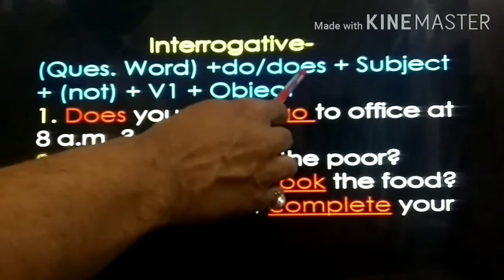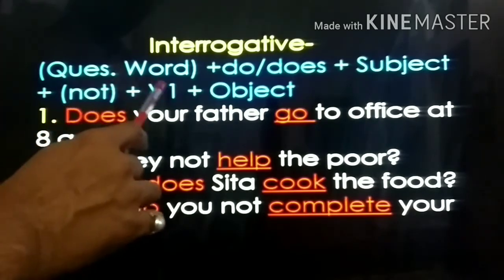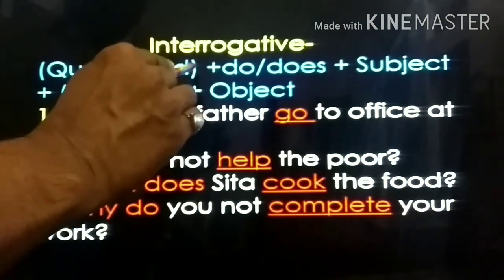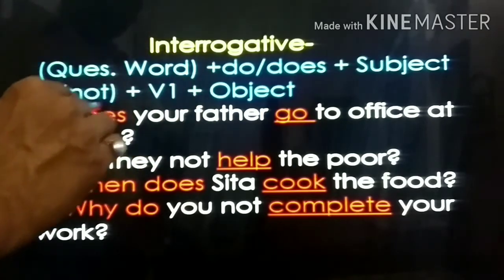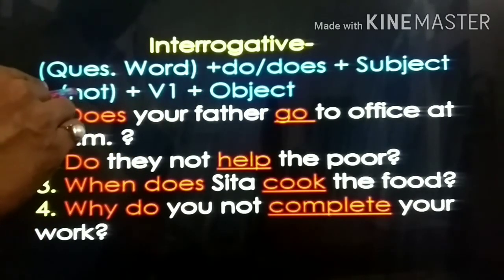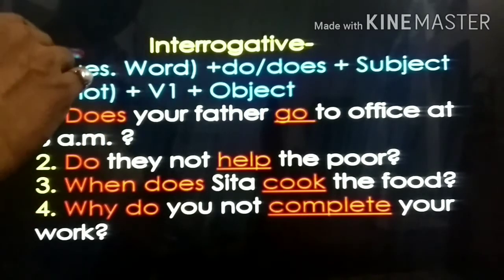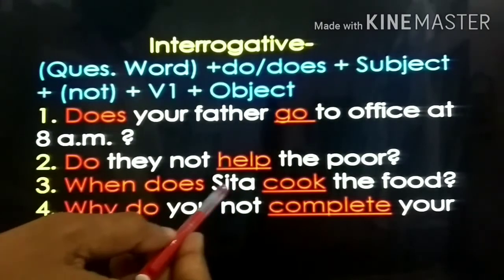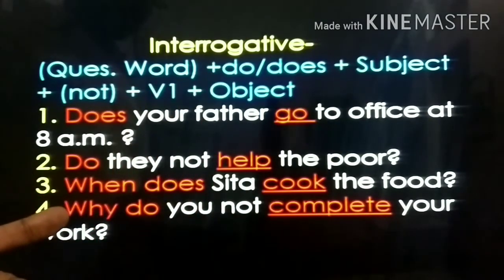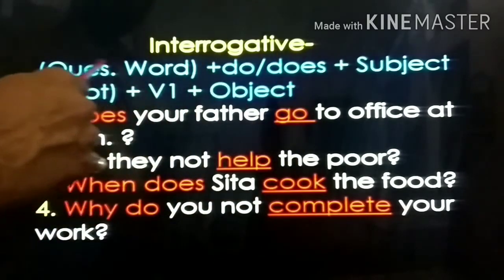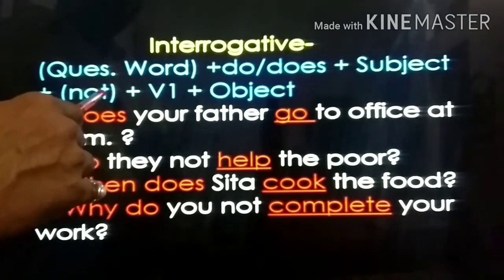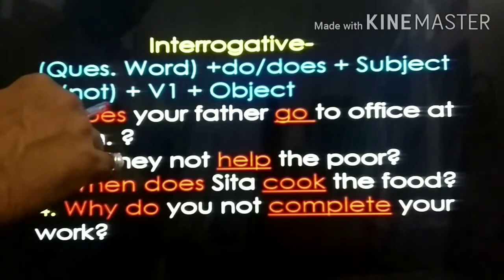After that, do or does, subject, not, first form of the verb, object and question mark, etc. Now see, question word has been written in brackets, not has also been written in brackets. What is the meaning? Question word and not are not compulsory in every sentence. If the sentence starts with do or does, then in that condition we will not use a question word. If the sentence contains not, then we will use not.